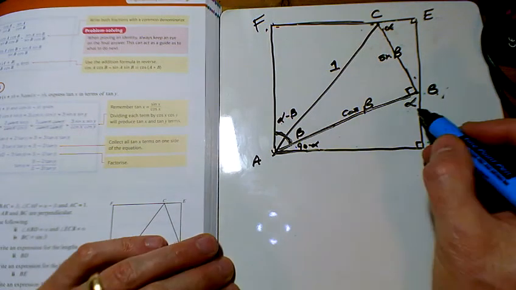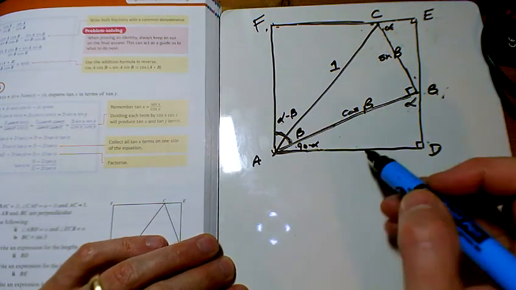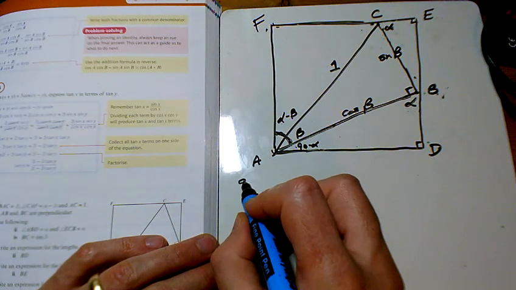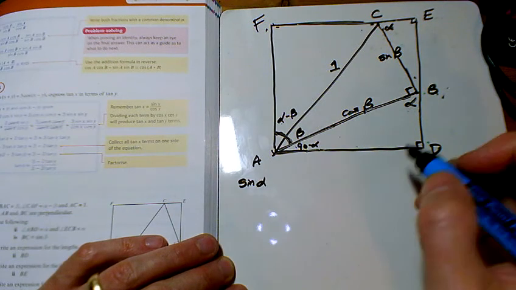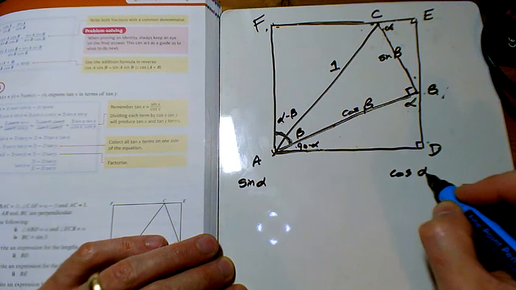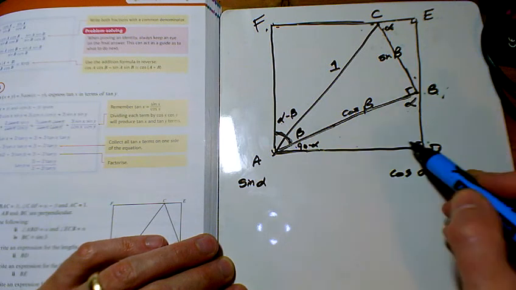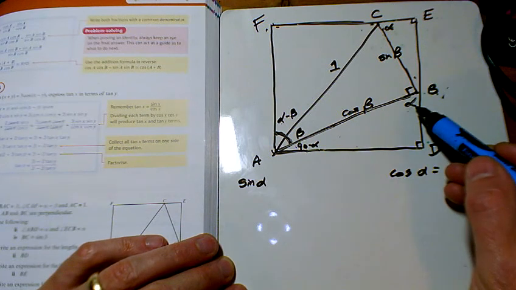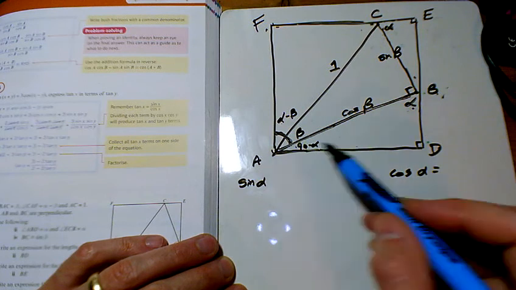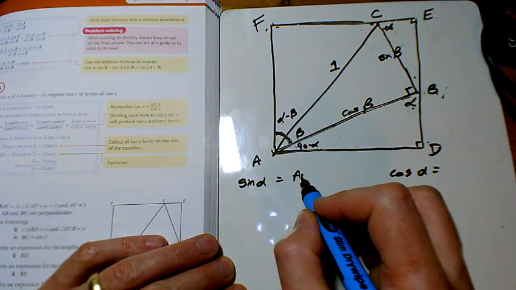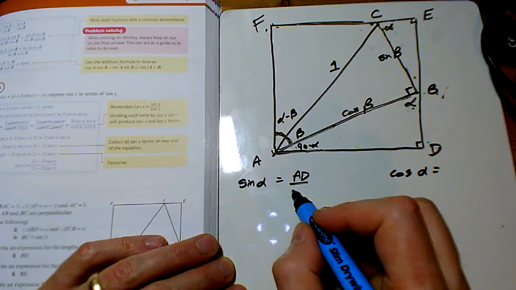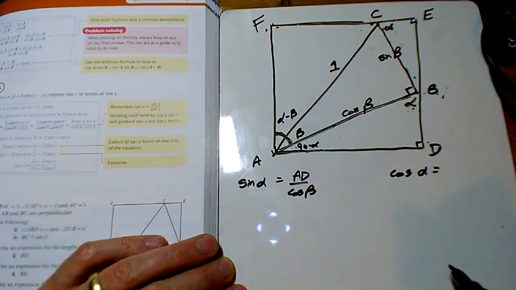Now let's look at this triangle and this bit down here, and I want to figure out what the sine of alpha is here. And I'm also going to work out what the cos of alpha is here on this triangle. On this triangle, the sine of alpha is the opposite side, which is A to D, divided by the hypotenuse, which is cos beta.